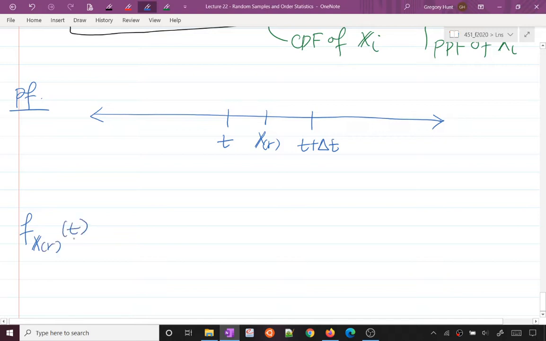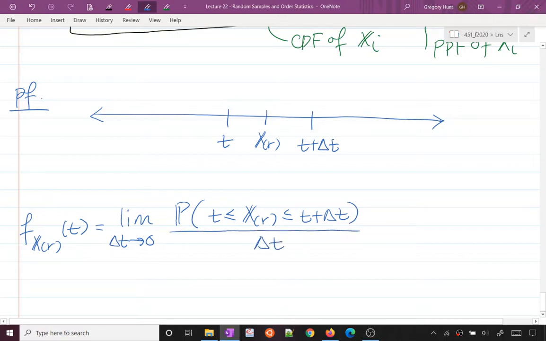The density that the rth order statistic ends up at t is the limit as delta t goes to 0 of the probability that x of r is in the interval t to t plus delta t.